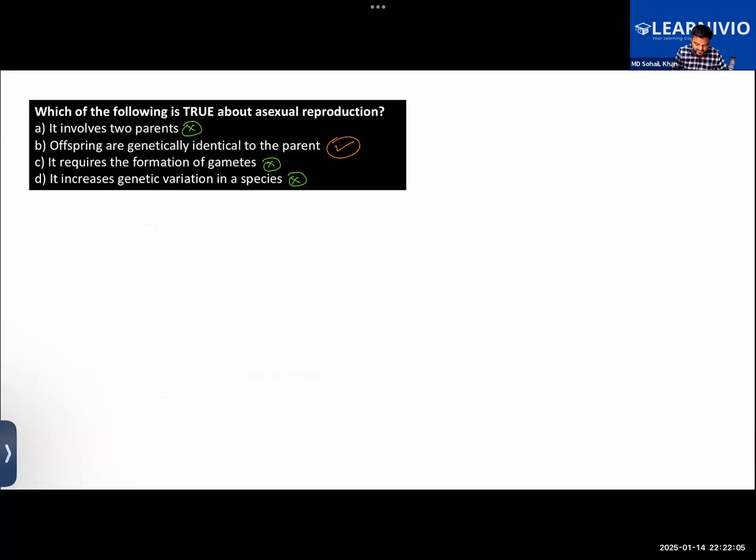Okay. Here you have an example of an amoeba. On the other hand, you have the example of a sheep. When an amoeba reproduces and a sheep reproduces, the offspring of which one will be identical to the parent?